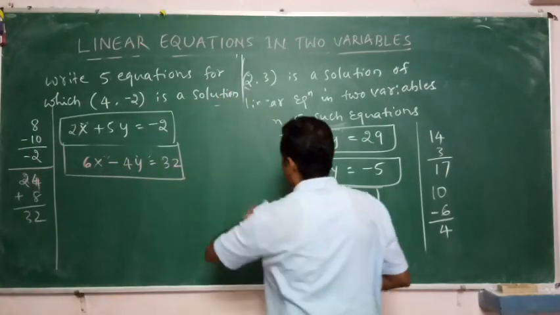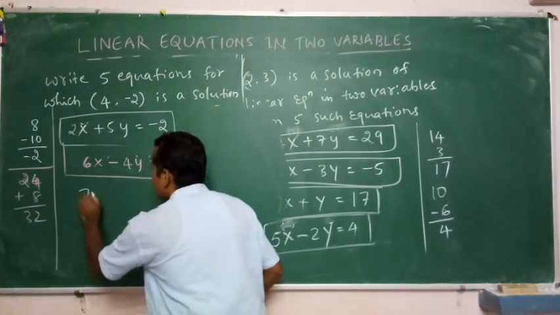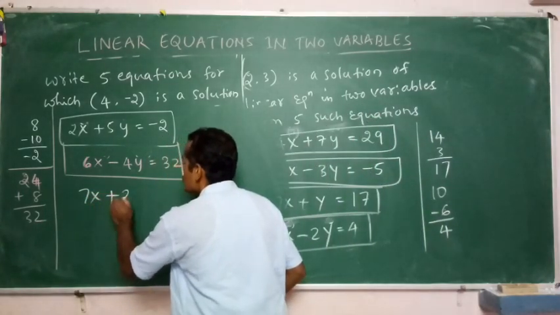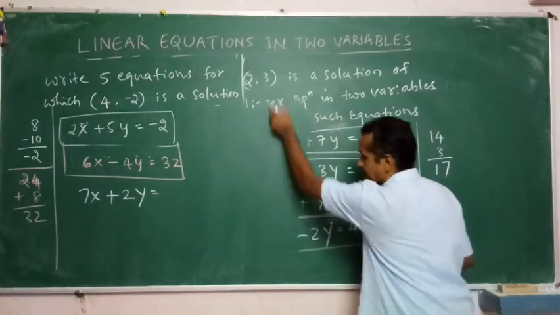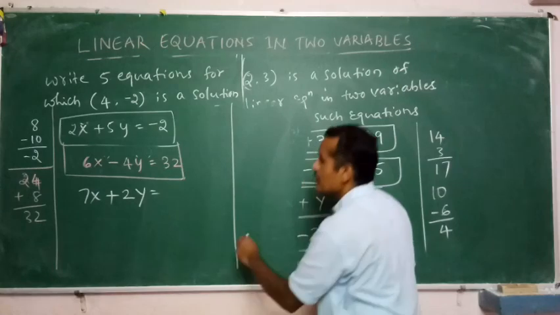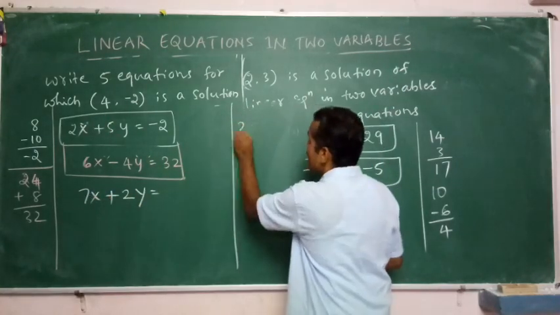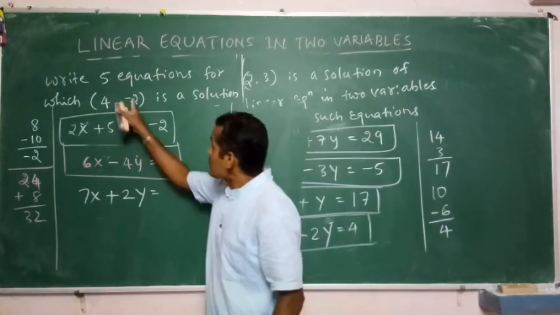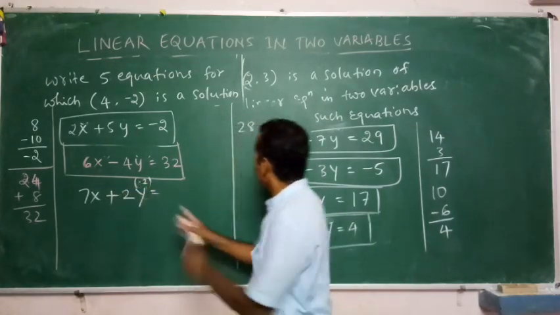Let me go for the third equation. I can say 7x plus 2y is equals. X is equals to 4. 7 4s are 28. Y value is minus 2. It is minus 4.